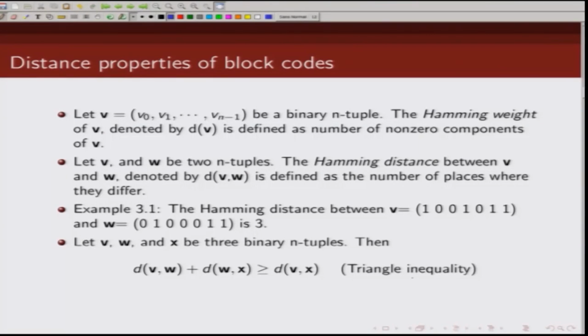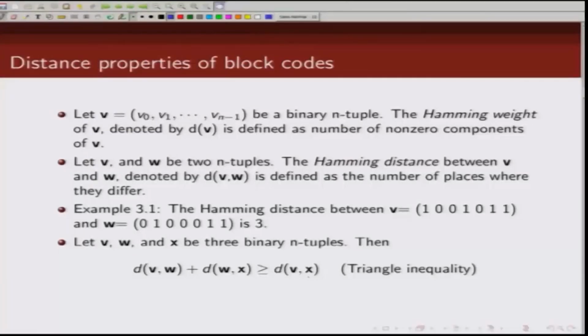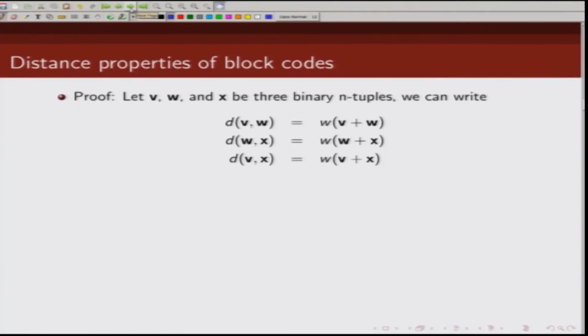So, what is the triangle inequality? The Hamming distance between V and W plus the Hamming distance between W and X is greater than or equal to the Hamming distance between V and X. So, let us first try to prove this triangle inequality.